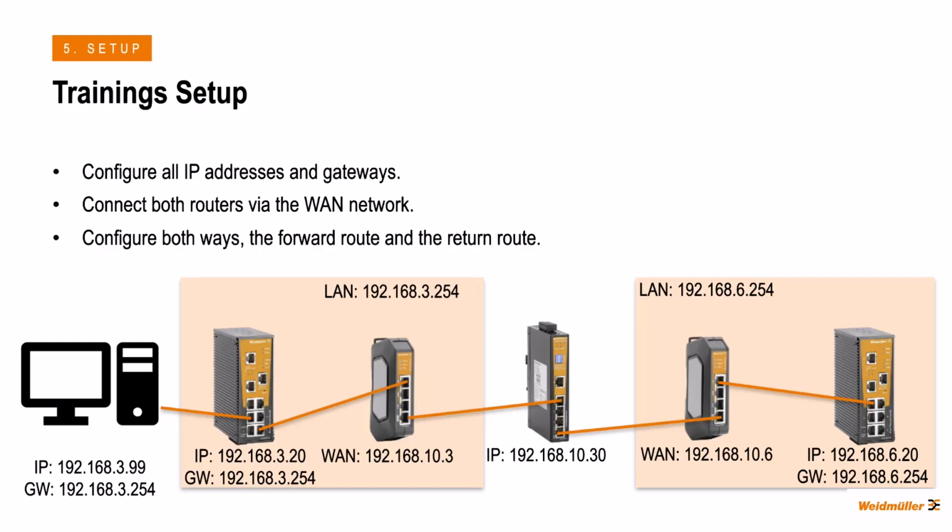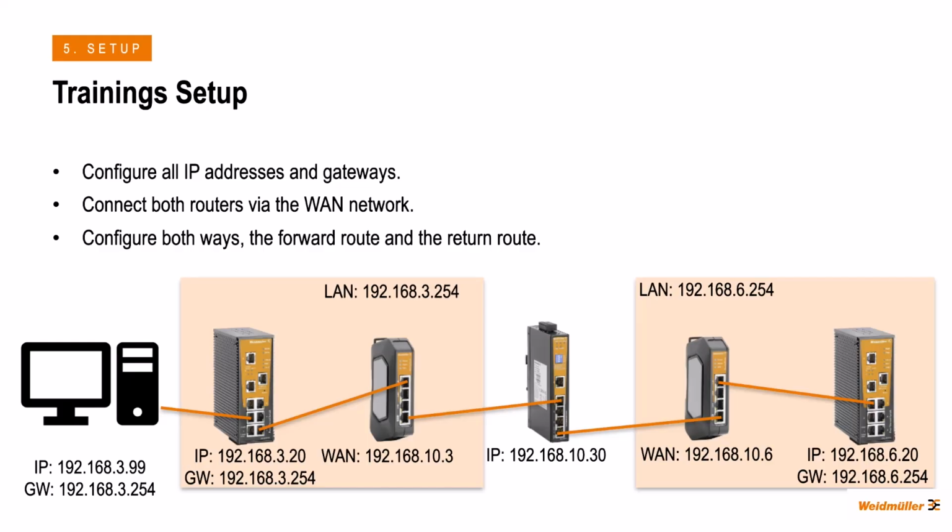On the left side, the router connects the local LAN network 192.168.3.0/24 to the WAN network 192.168.10.0/24. On the right side, the second router connects the WAN network to the remote LAN network 192.168.6.0/24.